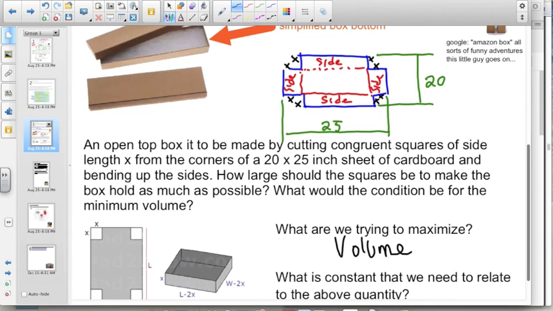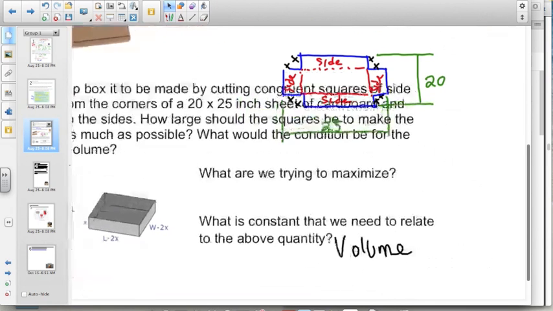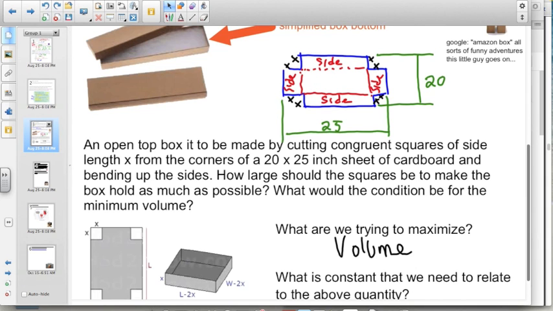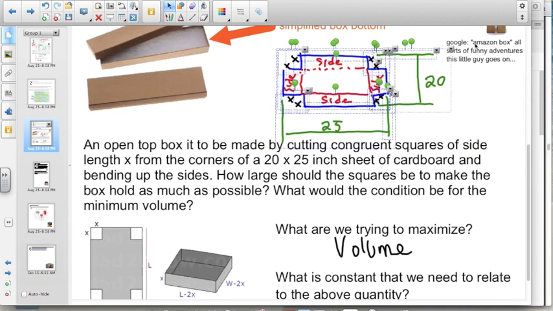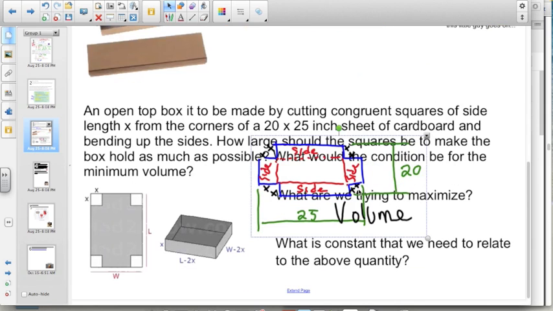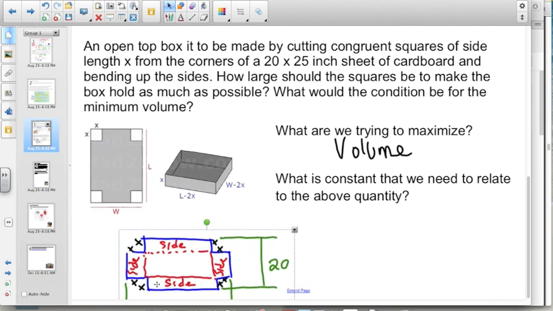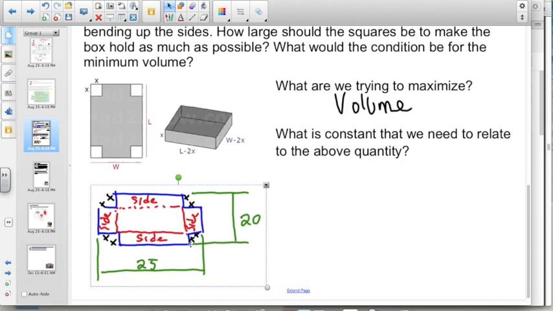What is the constant? There we go. So if you look at that, second question, what is the constant that we need to relate to the above quantity?